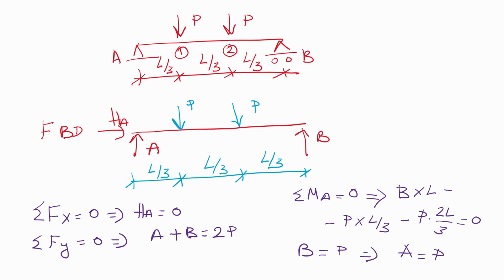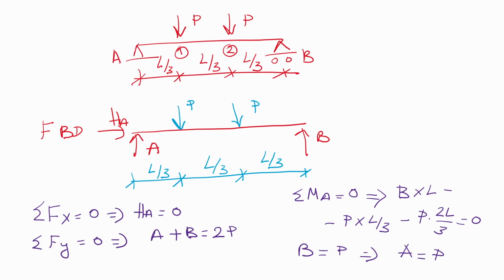After that, we are writing equations of equilibrium. So we have sum of forces in x direction equal to 0, which will give us HA equal to 0. Then we have sum of forces in y direction equal to 0. So A plus B is equal to P, and we have sum of moment at A or even at point B equal to 0. I here did sum of moment at point A equal to 0.